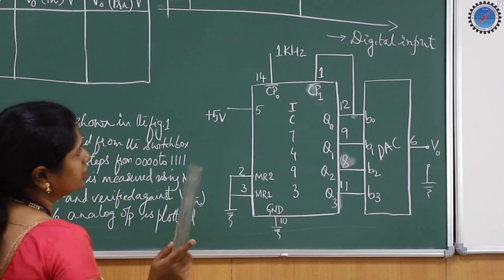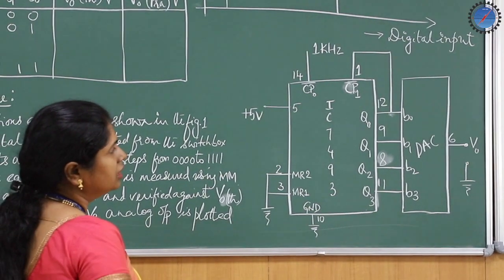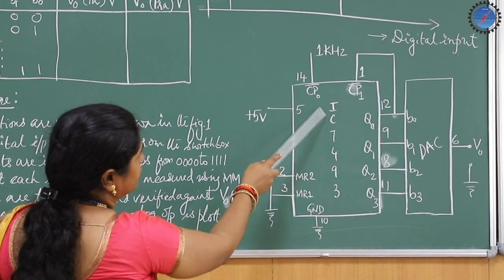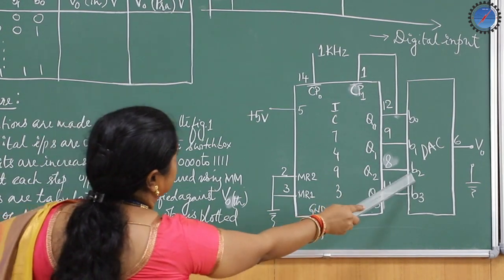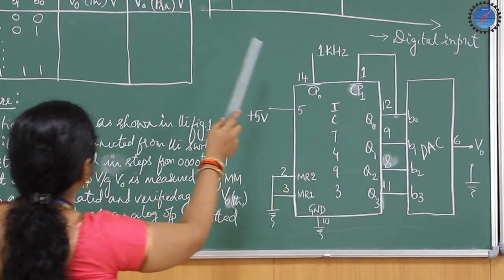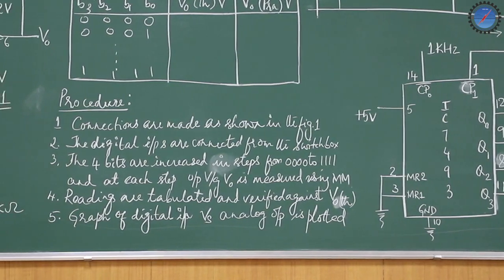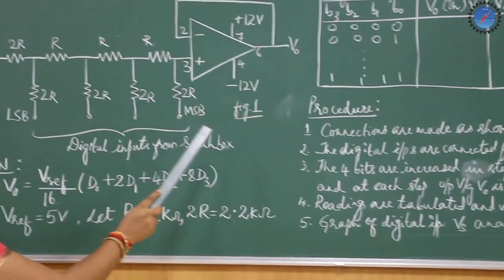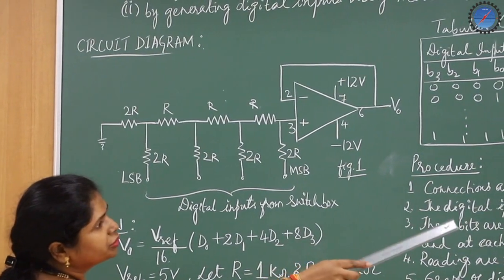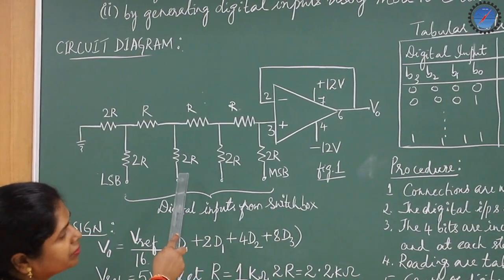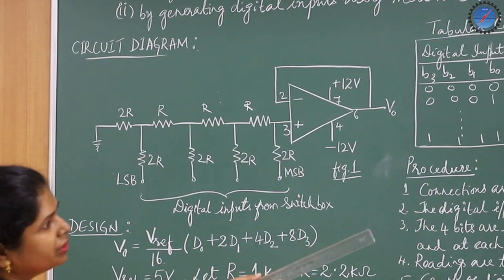So you can clearly visualize the staircase on the digital oscilloscope by connecting this IC to the DAC circuit. So this is our DAC circuit, with V0, V1, V2, V3.